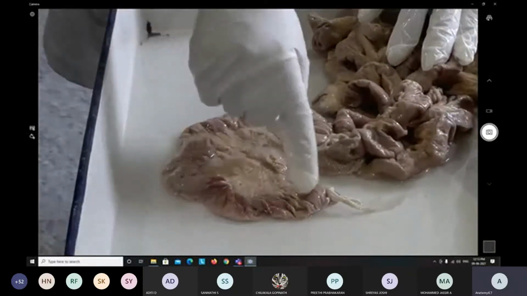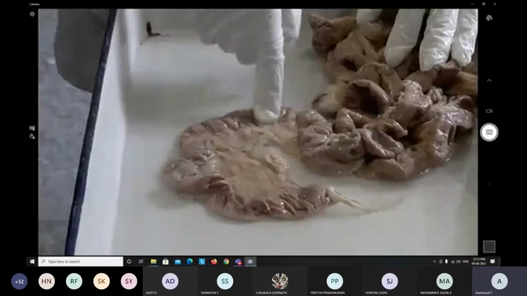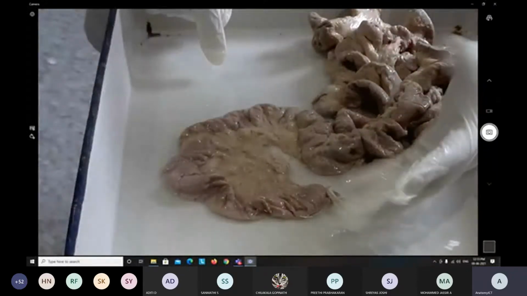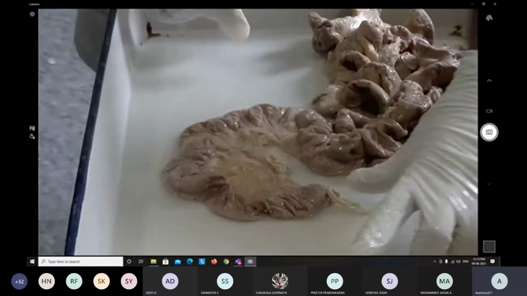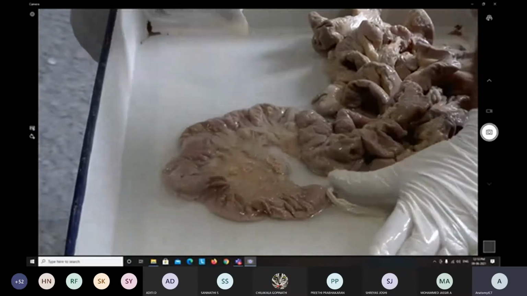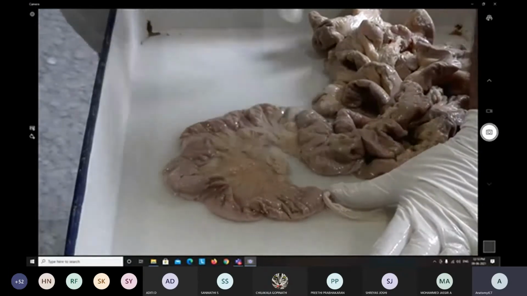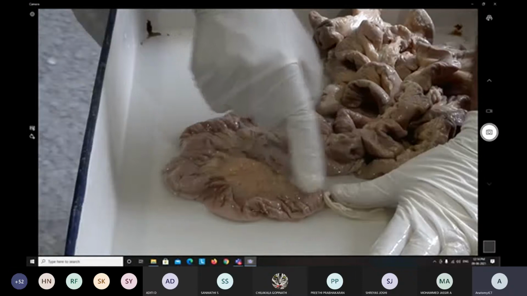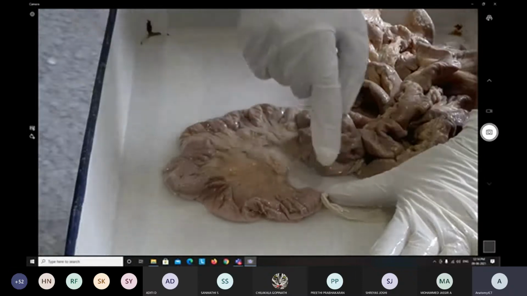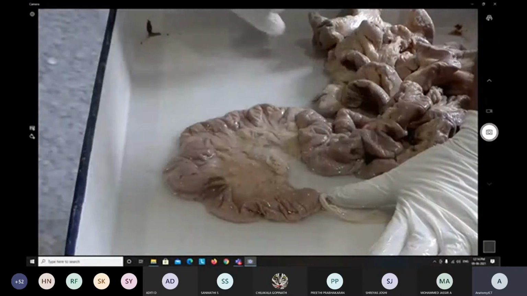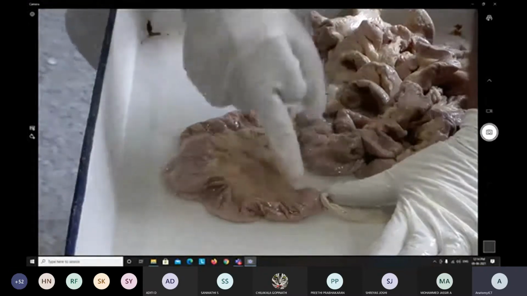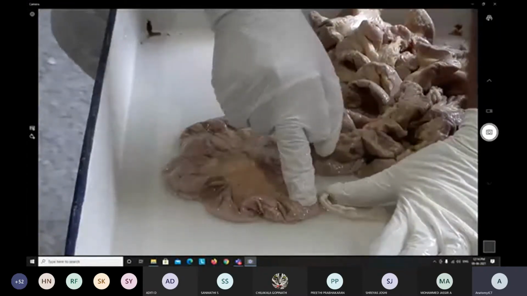It is a C-shaped duodenum. So here in the upper part there is the stomach. The stomach has an upper end and a lower end. The lower end is connected to the duodenum. This lower end of the stomach we used to call the pyloric end, and it is connected to the duodenum.